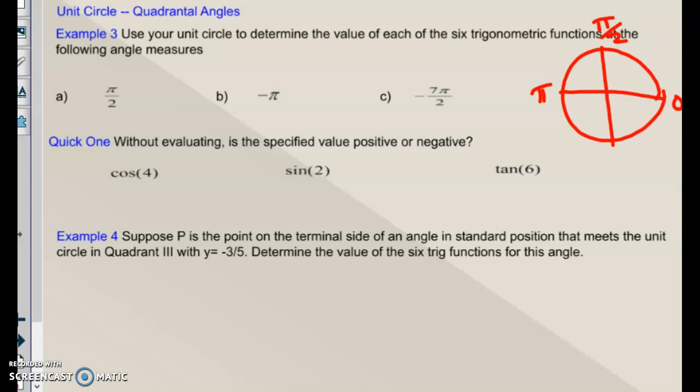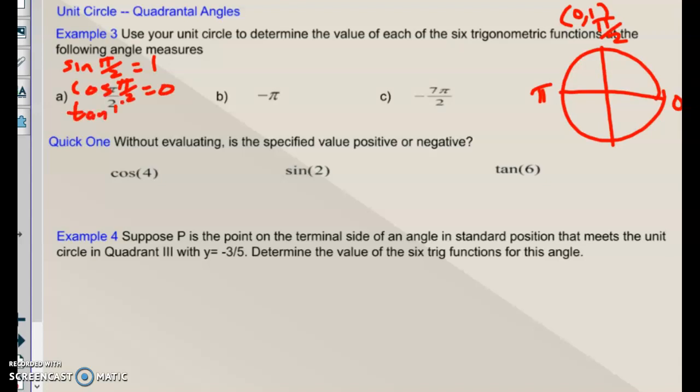We call it pi over 2. So we're going to find the sine of pi over 2, and we know that the sine is the y value up here. So if I put a y value up here, this is the point (0, 1), so my y value is 1. Cosine at pi over 2 is 0, that's the x value.